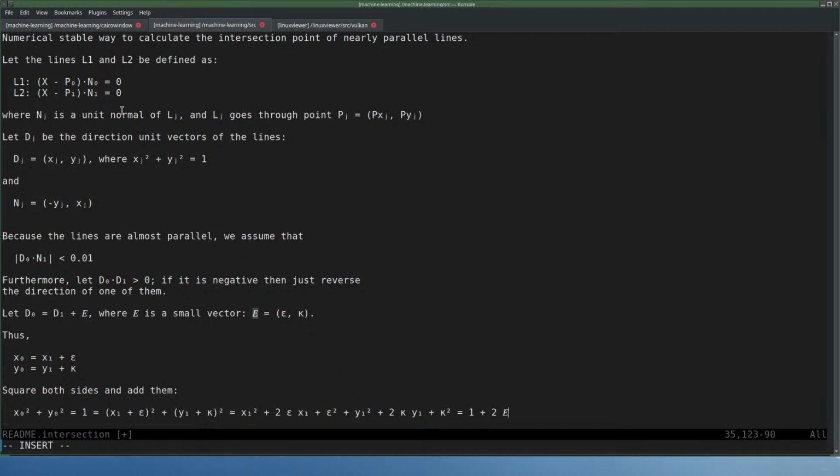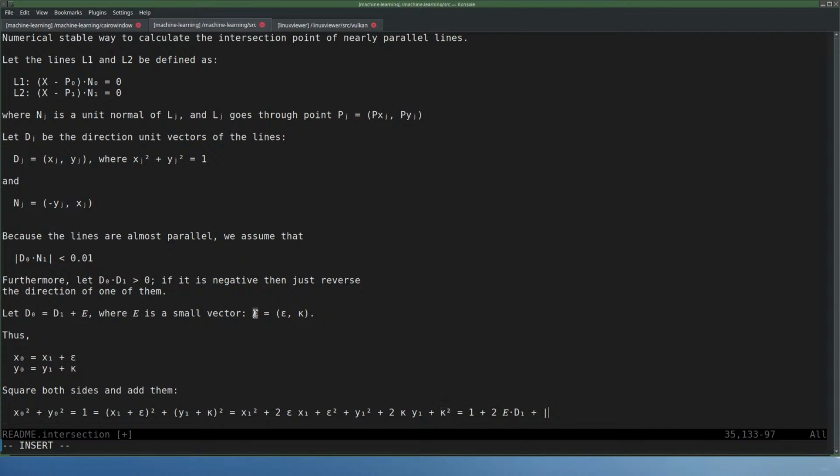Inner product was my dot with x1 y1. Where's x1 y1? This one, that is d1. Plus epsilon squared plus kappa squared, which is the length of E squared.